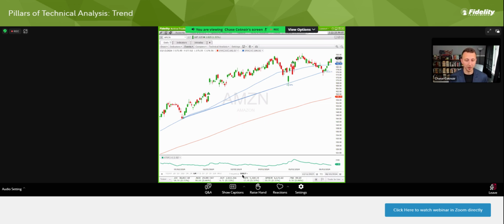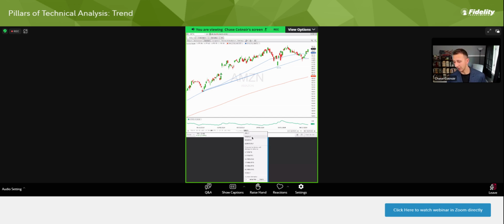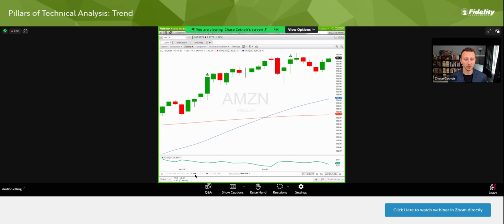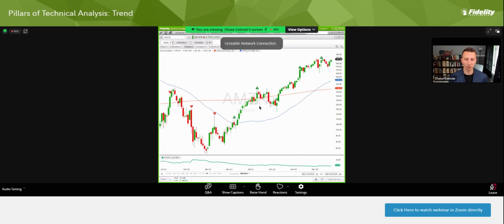Not to confuse anybody, but we could change this frequency from daily to weekly, which not only is going to, from a visual perspective, change our lines, from a mathematical perspective, they're different now as well. Because it's not using 50 days to average, it's using 50 weeks to average on the blue line. And the 200 is a 200 weekly average.